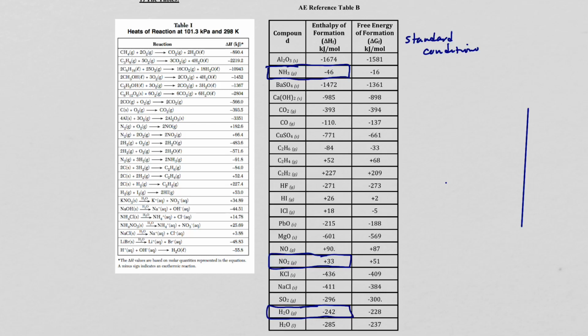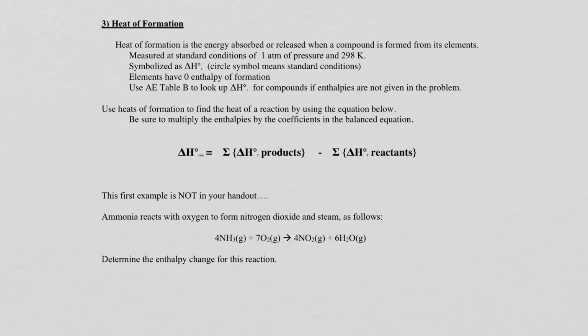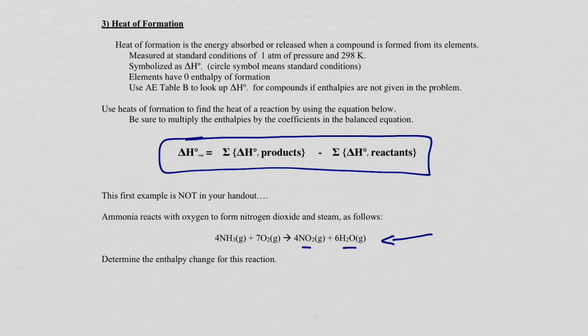Okay, so our first problem is going to be looking at this particular reaction right here. This is ammonia reacting with oxygen gas to form nitrogen dioxide and water. And we are going to look at this equation now, which looks a little bit more complicated.